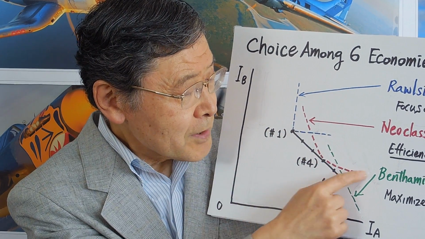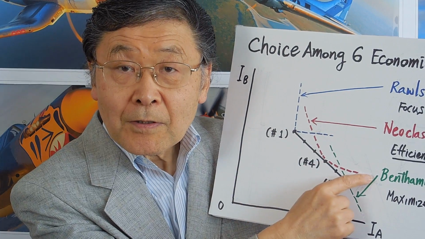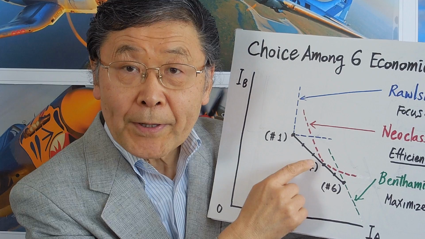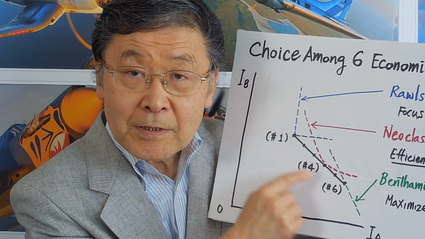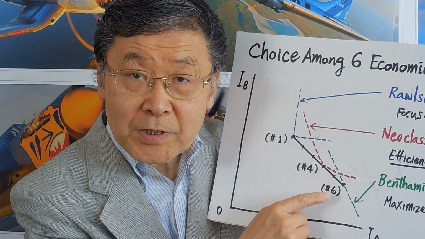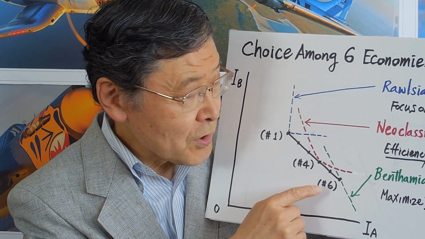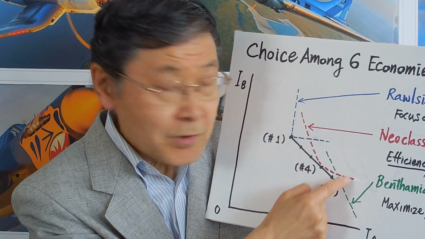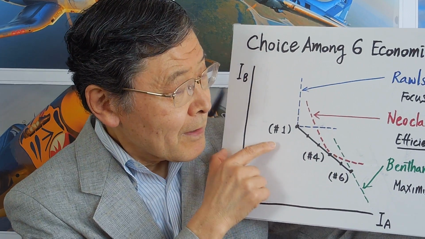You see, if this red curve is the indifference curve, any other point on this straight line with other choices will give a lower social welfare level. Here, that's lower than this. Here it's lower than that.